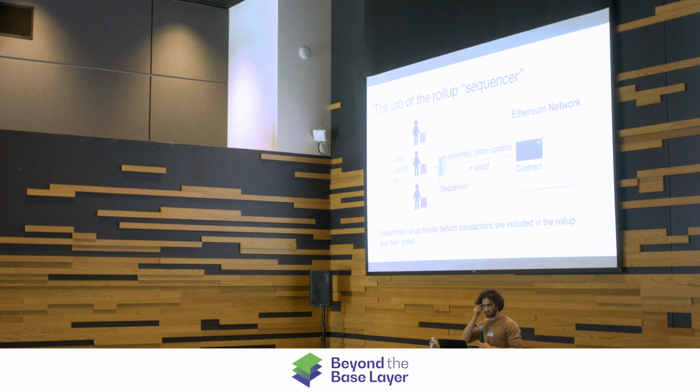So let's talk about what is the role of this sequencer. Well, the sequencer is collecting these transactions. If it's a ZK rollup, it's summarizing them and posting a proof to Ethereum. If it's an optimistic rollup, it just posts the summary and allows for a challenge window where somebody could challenge the summary. But what it's really doing, the power of the sequencer, besides all of this rollup specific stuff, is that it gets to determine the next block for the rollup.